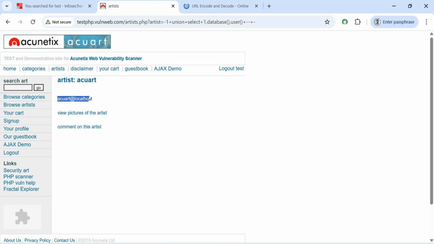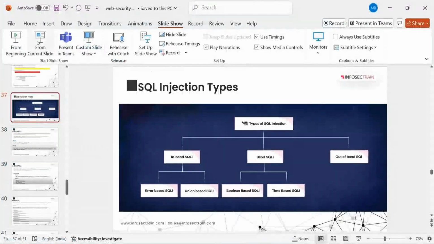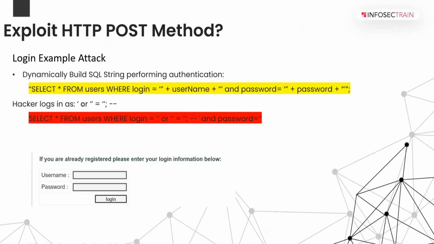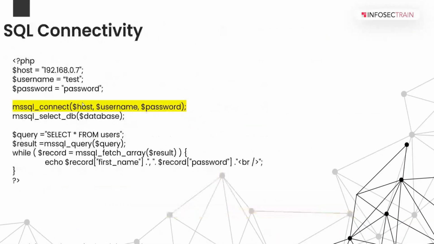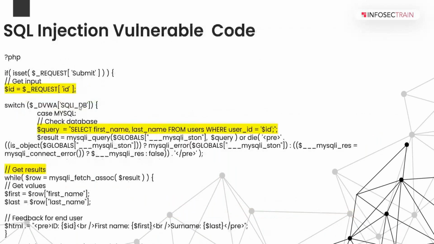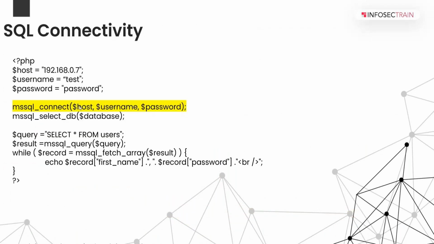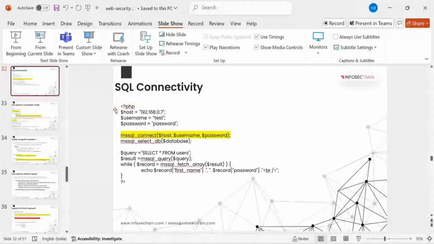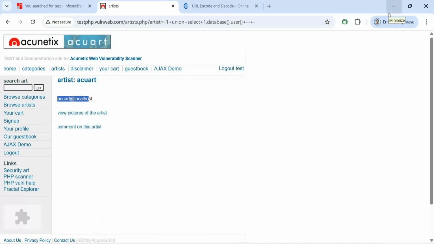So when this web server tries to communicate, like I mentioned in the PPT, when we make a connection using hostname, username and password, this username basically has some privilege. Based on this privilege, this particular web server or database server is running. The web server also has its privilege.